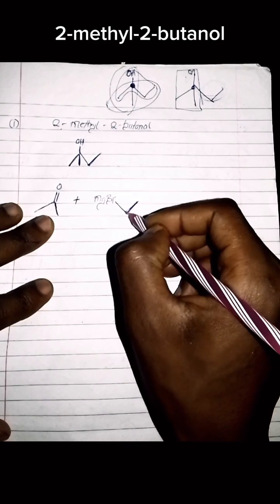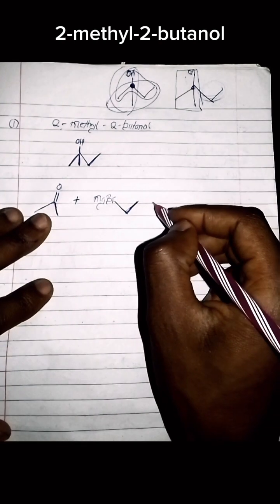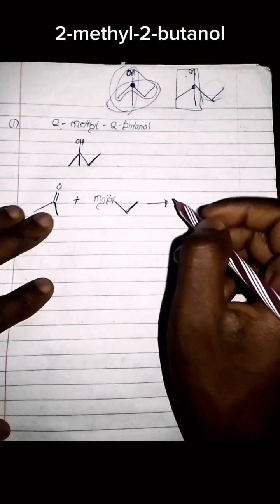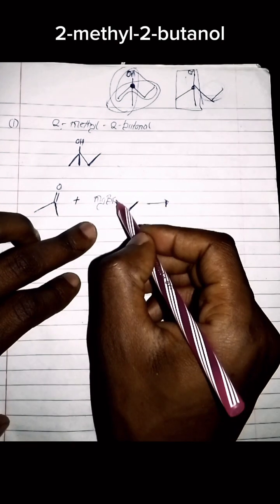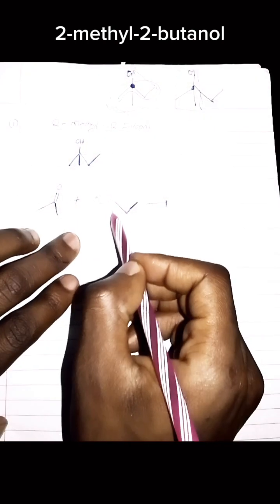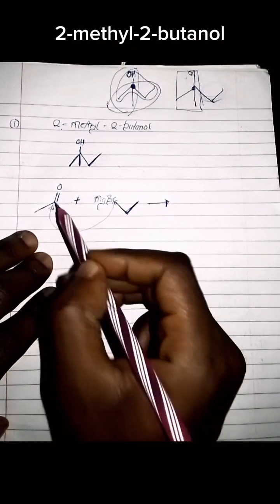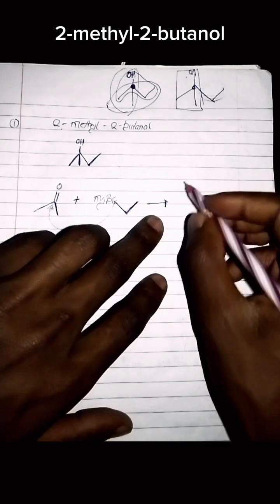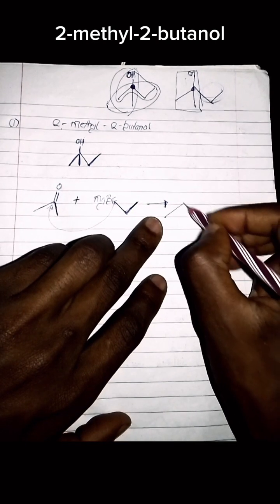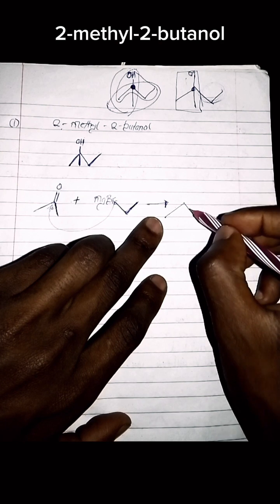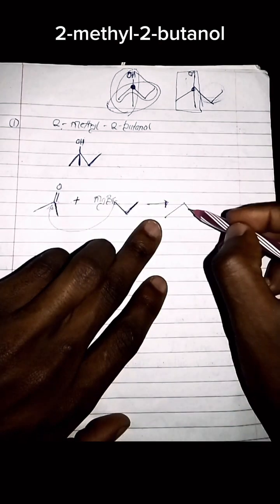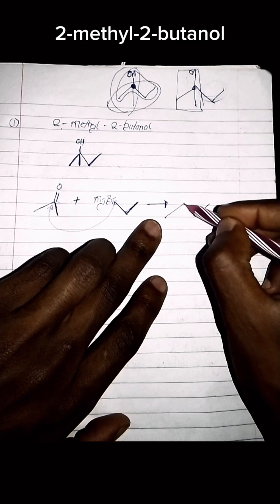When you run this reaction, this carbon here is negative, so it will attack this position here. Once it initiates that attack, the final result will look like this. This ethyl group will join in there, and then we'll have something like that.